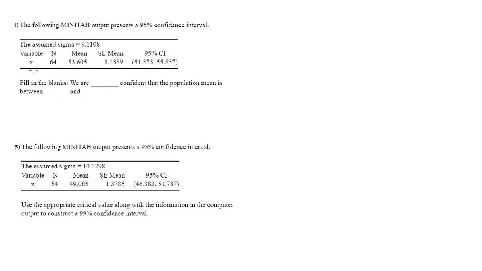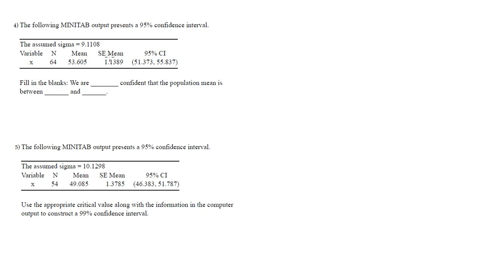The variable is x. N, the number of values, is 64. The mean, 53.605. Now this is our sample mean, right? This is based on the sample information that we input into the statistical software. Sample mean is 53.605.